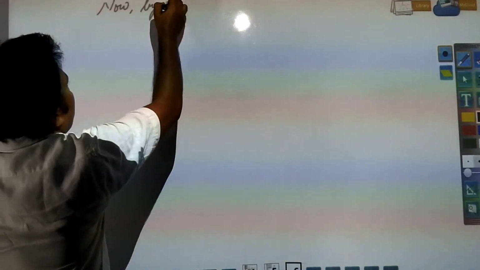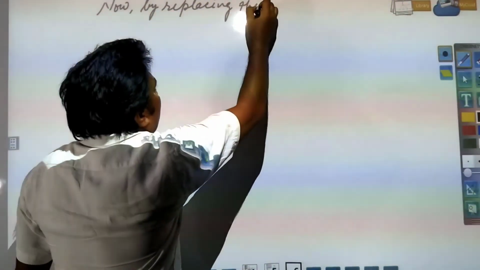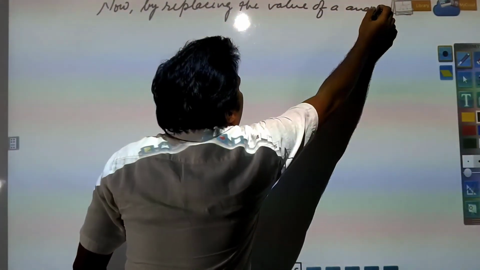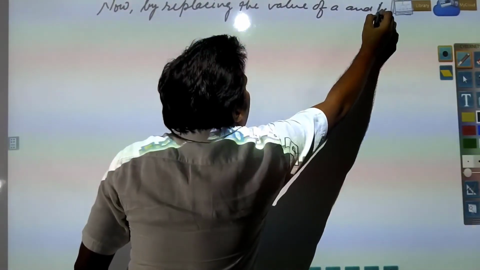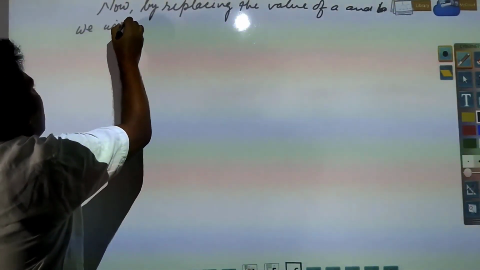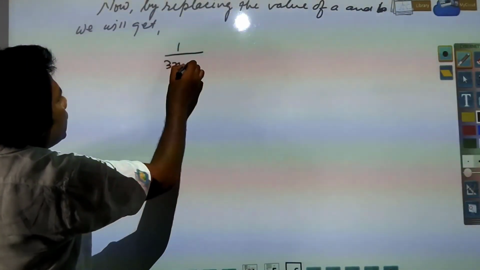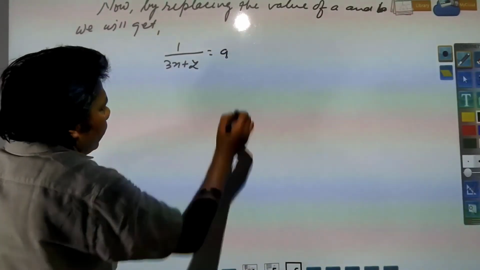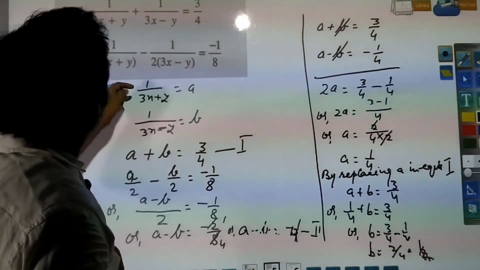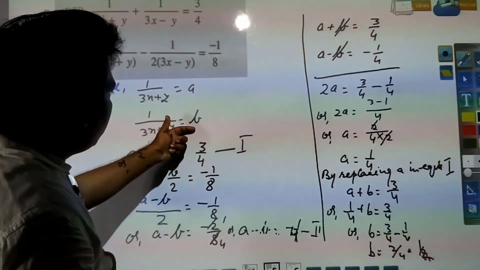Now by replacing the value of a and b, we have 1 by 3x plus y is equal to a and 1 by 3x minus y is equal to b.